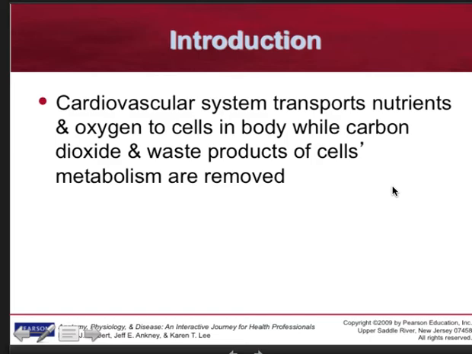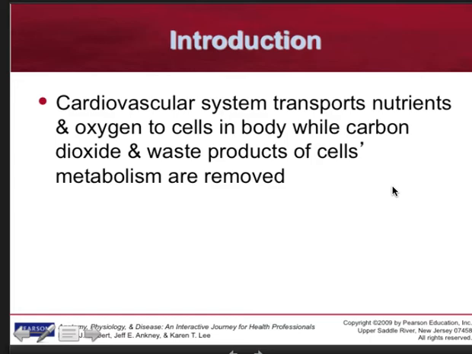And so we had to develop a system to deliver food and oxygen to them to keep them alive. And that same system removes waste products in order to maintain homeostasis. So the evolution of the cardiovascular system was a huge step forward.